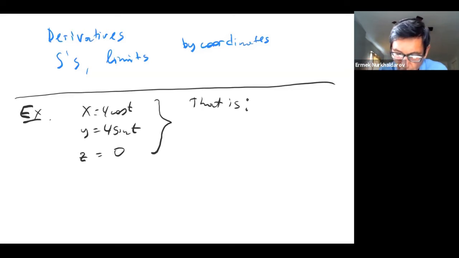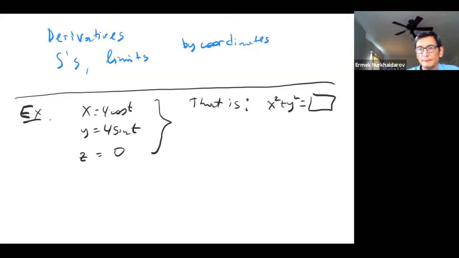So you realize that is x squared plus y squared equals a number, right? Equals 16. Do we see that? Sine squared plus cosine squared, you know immediately that's 1, right?